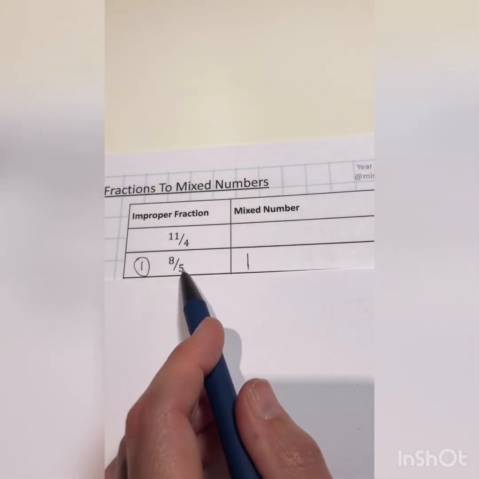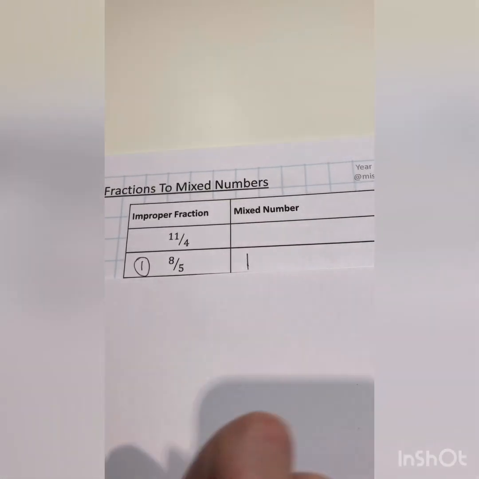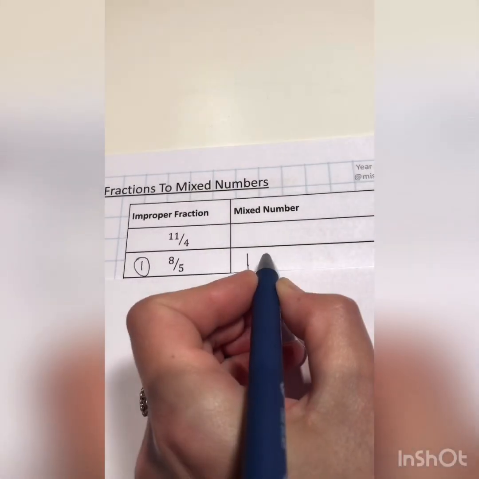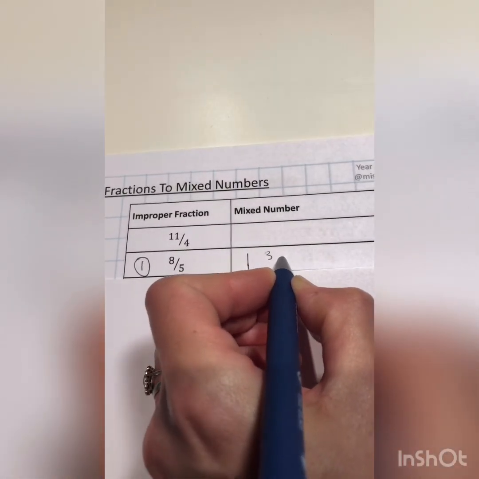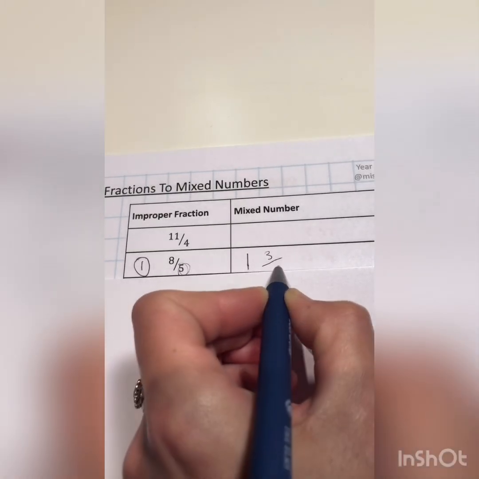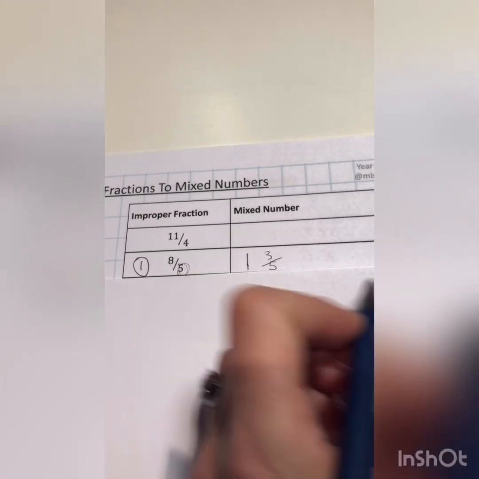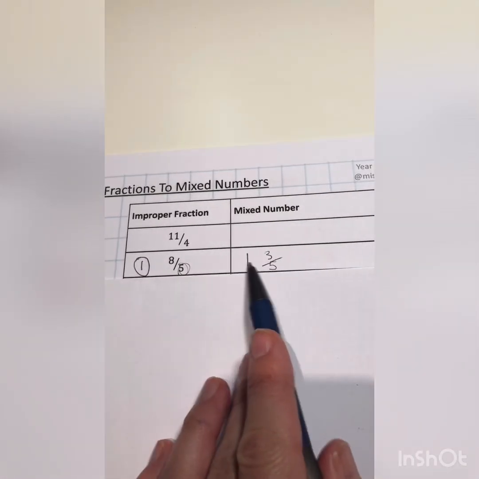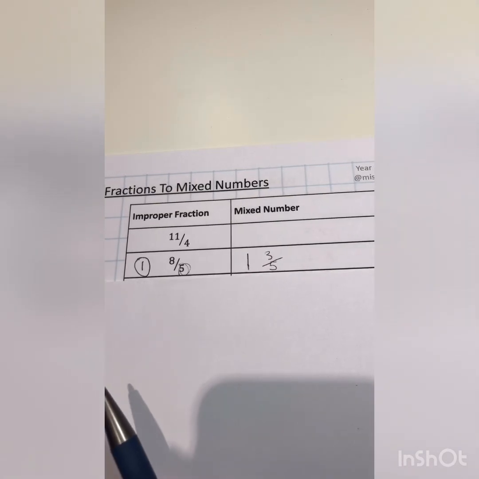How many bits are left over? 5, 6, 7, 8. 3 bits are left over. And we keep the denominator as it is. So 8 over 5 is the same as saying 1 whole and 3/5.